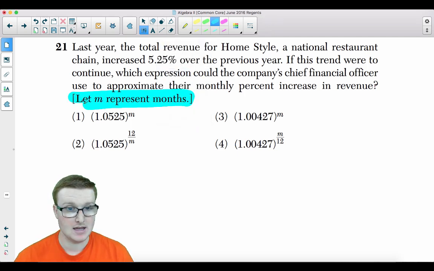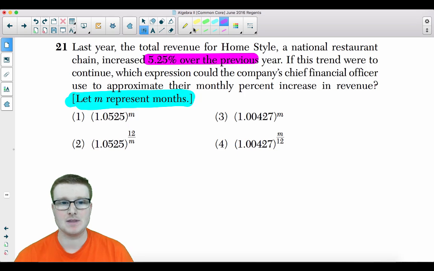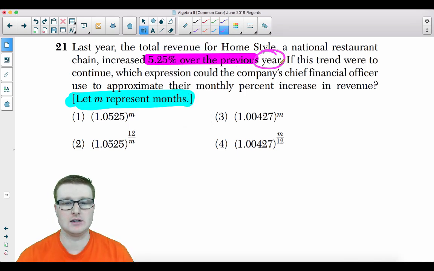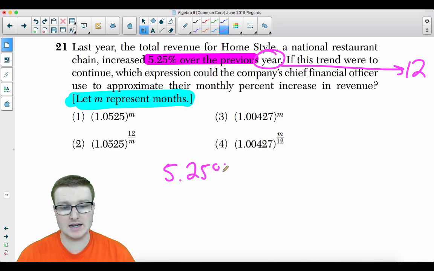That's important because I see months, and it increased by 5.25% over the previous year. So you got to be thinking to yourself, how many months are there in a year? Well, there's 12 months in a year. So what you got to do, first of all, is take 5.25% and convert it to a decimal.